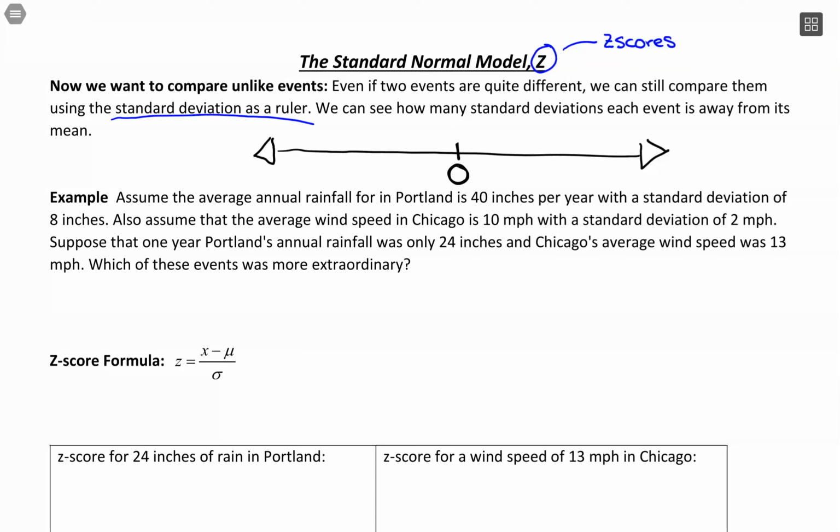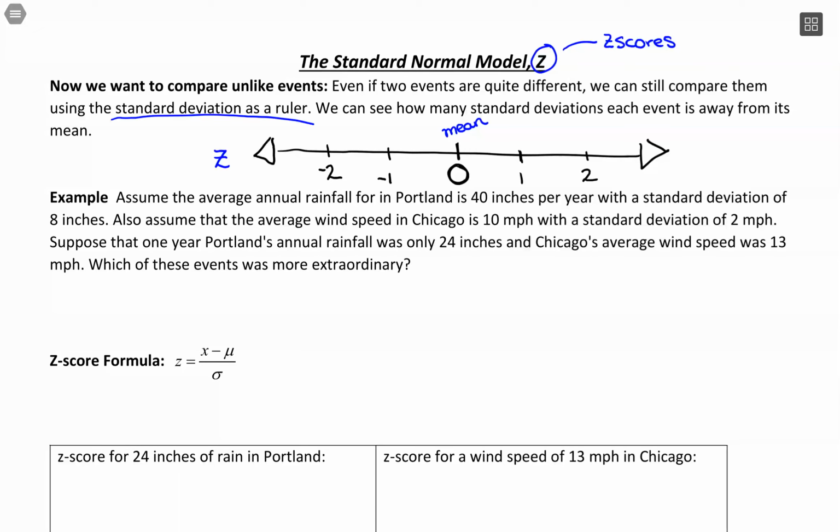And with the z-scores, if we think of this as the number line for our z-scores, if we're thinking in terms of how many standard deviations away from the mean are we, and we get a value of 0 out, that's going to be landing at exactly the mean. So if we get a z-score of 0, that means that value is exactly equal to our average that we would expect. Then we're going to use this number line of 1 and 2 and -1, -2 around it.